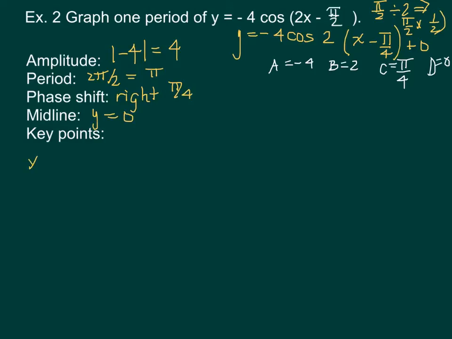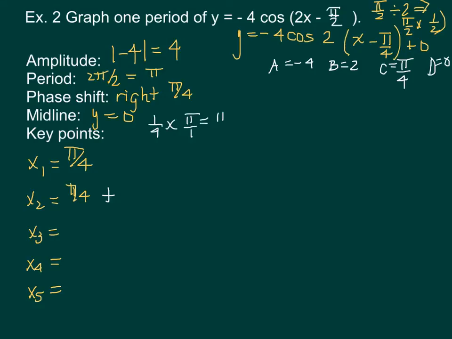All right, to get your key points, your first one starts at pi over 4, moving right. And then we're going to take that and add 1/4 times your period, which means we're going to add pi over 4 each time.